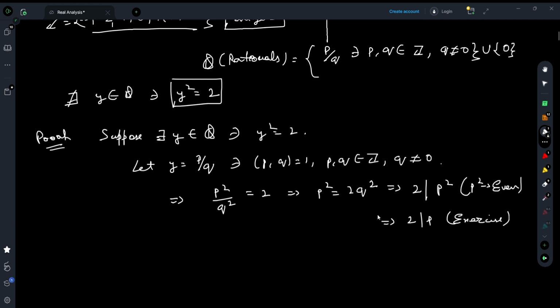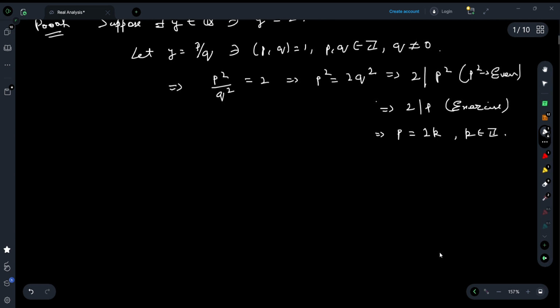You can try this as an exercise. That is, if p square is even, then p is also even. So we can write p as 2k, where k is also an integer. Pretty basic facts from divisibility.